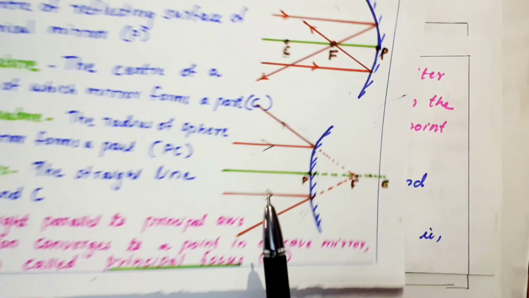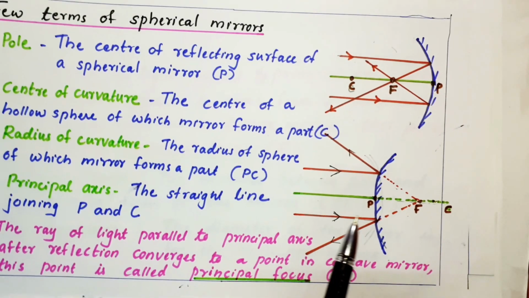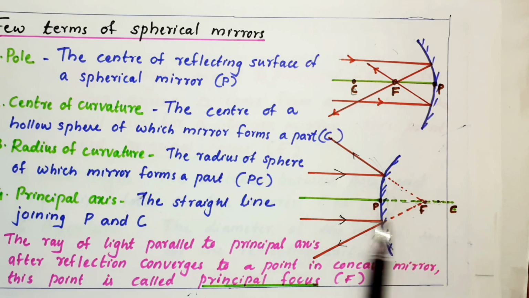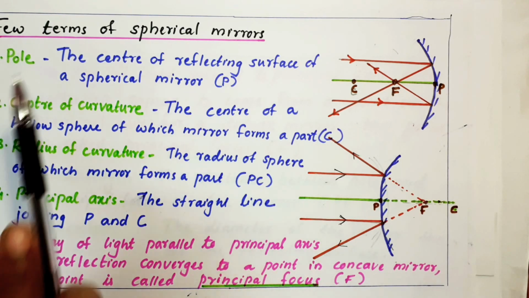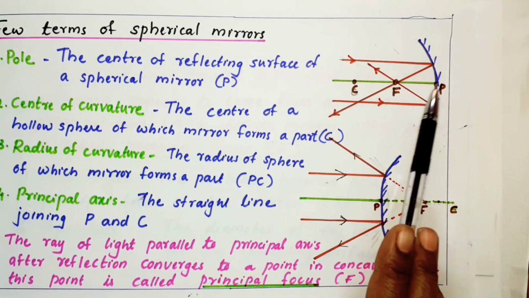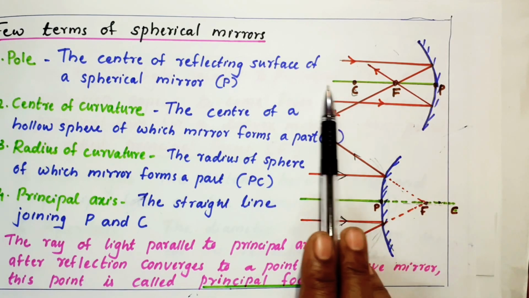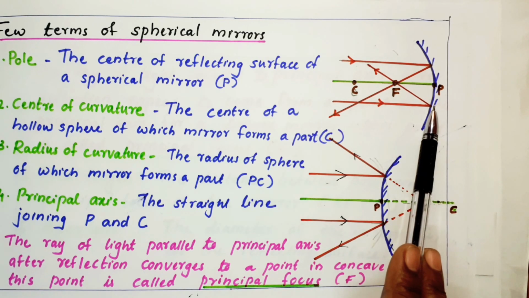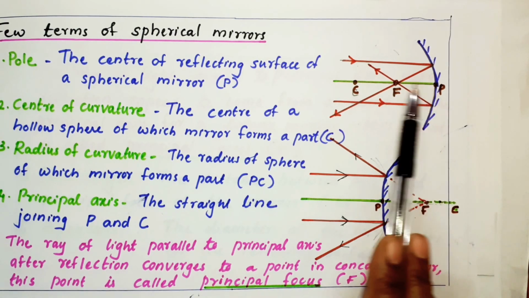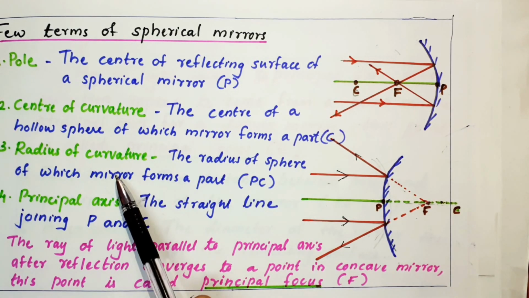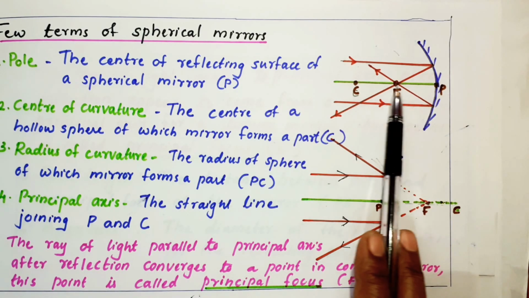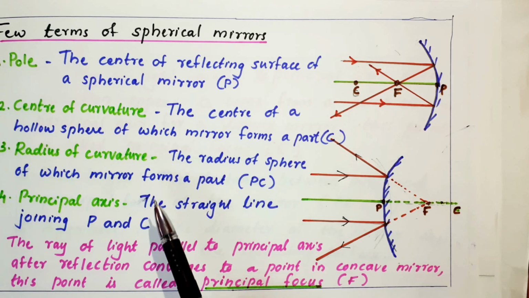So look here, this is the principal focus. I hope you understood the points. Pole is the center of the reflecting surface. C is the center of the sphere of which the mirror forms a part. The distance from P to C is called radius of curvature. And principal axis is the straight line passing through P and C.